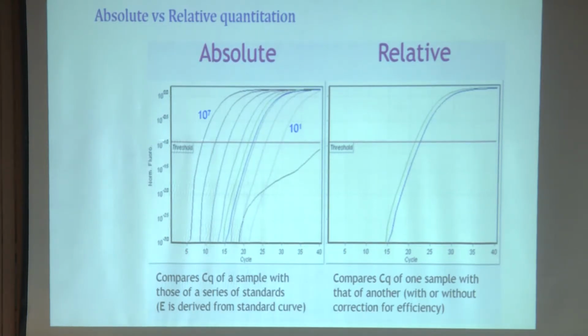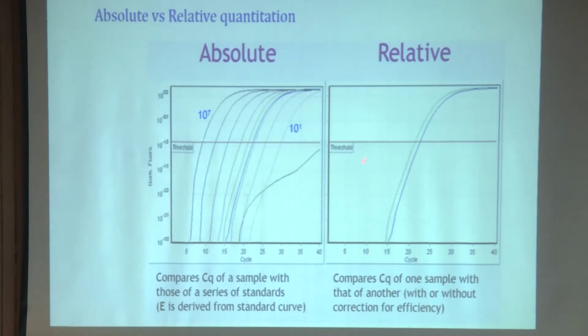But if you have 10 to the power 1, only one or 10 templates available, then you need at least 20 cycles to get sufficient amplicons in your reaction cup to reach a fluorescent signal for the equipment to detect, for your vision to detect. That's the reason we use this information for calculating copy numbers, the absolute quantitation of your template.